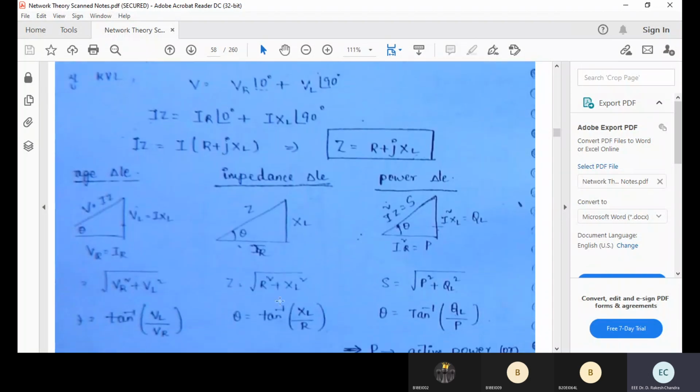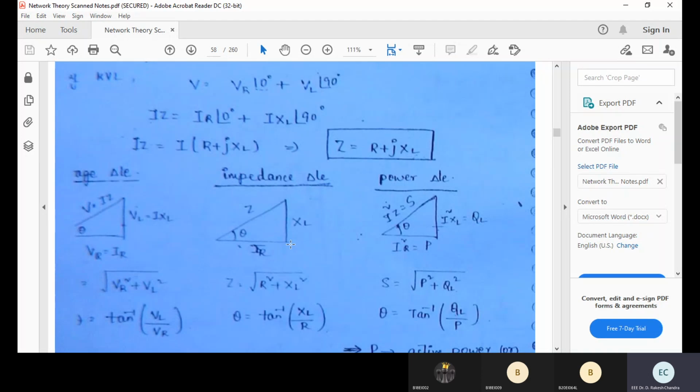Okay, this is your impedance angle, where this is I into R and this is XL. Your Z is equal to R plus JXL, where J is the imaginary component. It's a rotating vector.